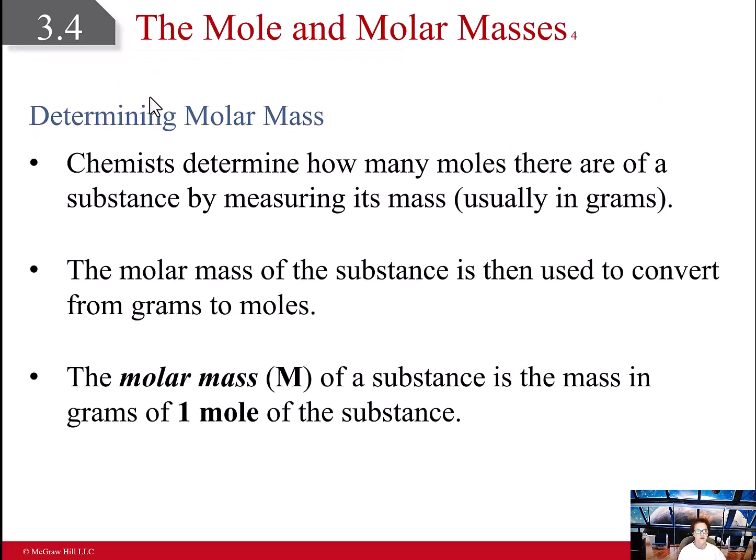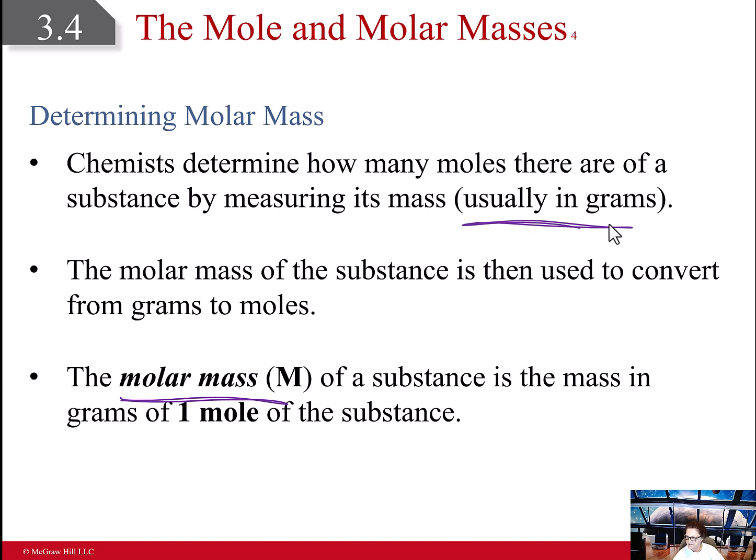Okay, so we know that we've done the molecular mass and formula mass with AMUs. Now we know the molar mass, or 1 mole of the substance, and we can get the molar mass of 1 mole of substance in grams.